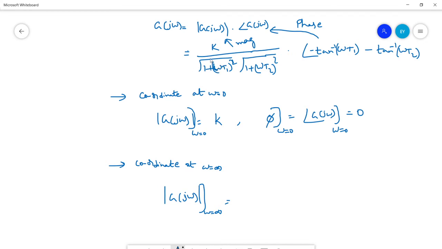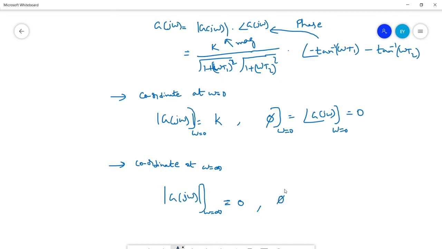So K by infinity, anything by infinity is 0. The whole denominator will become infinity, so K by infinity will become 0. Therefore the magnitude at ω equal to infinity will be 0.